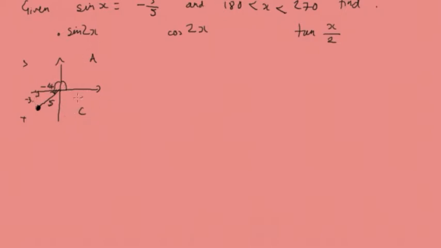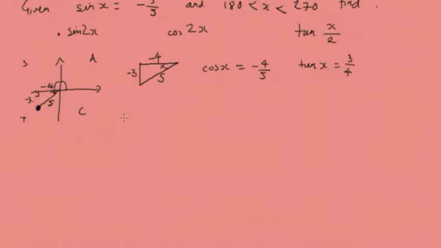So basically we've got a triangle now of minus 3, minus 4 and 5. So that's going to give us cosine x is going to be minus 4 over 5, and tan x is going to be 3 over 4.